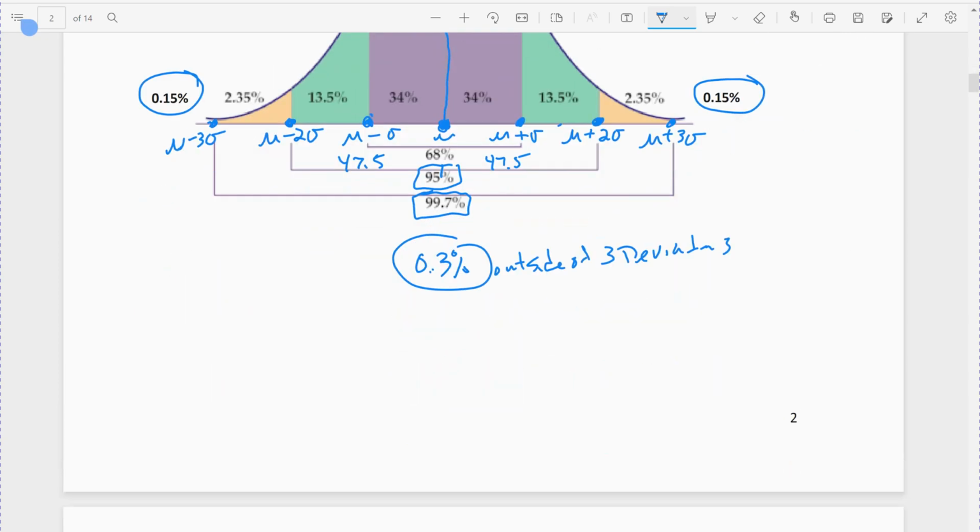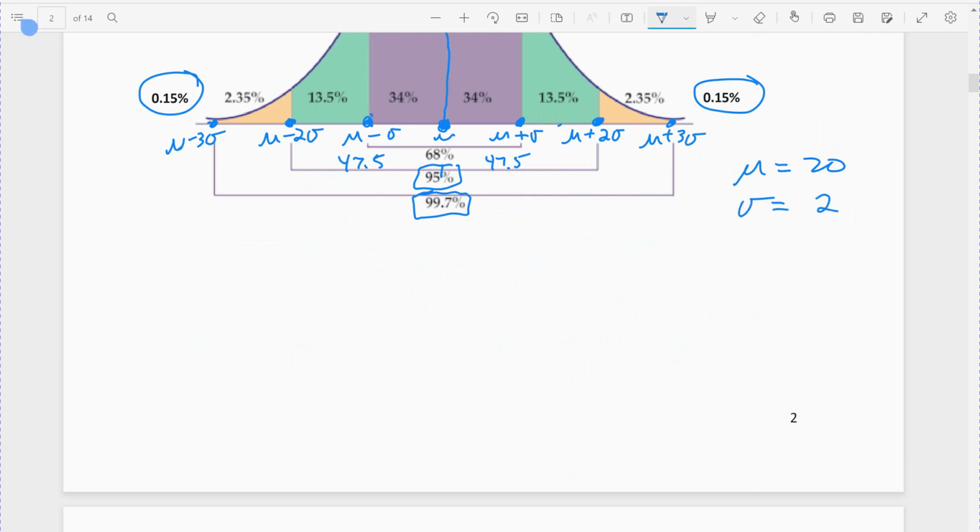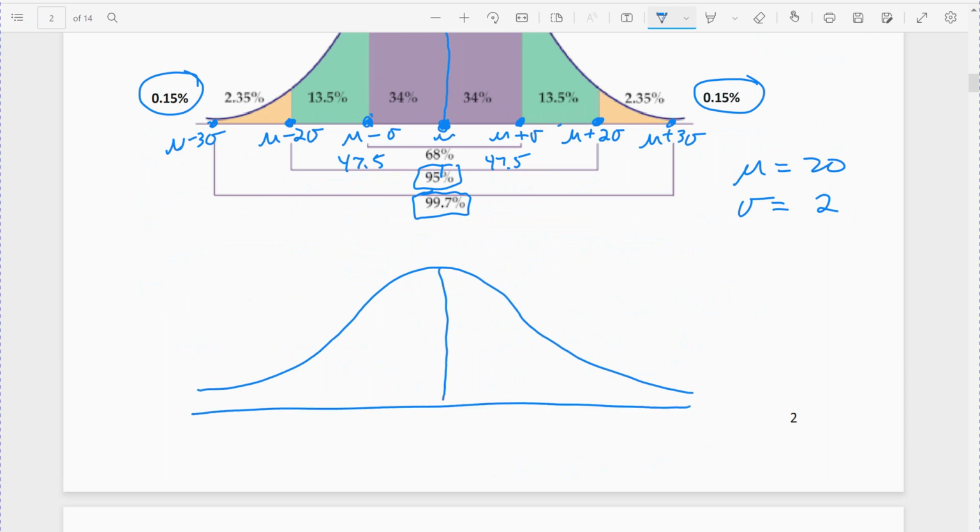So if I do a generic example, just to set this up. Suppose that my mean is 20 and my standard deviation is 2. If I draw my bell-shaped curve as symmetrical as I can freehand, this would be 20. My average value for this set is 20, my mean value is 20, and my middle value, my median, is 20.